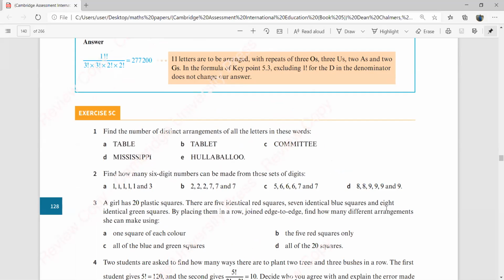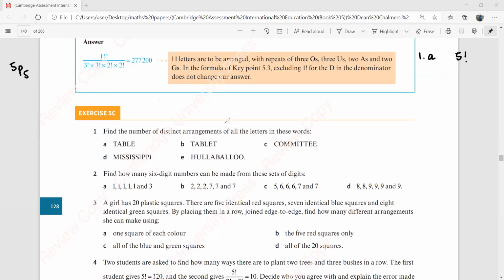So how many distinct arrangements of all these letters can we have? For part A, that would simply be 5 factorial. And let me tell you, this 5 factorial is the same as 5P5. You can check this on your calculators.